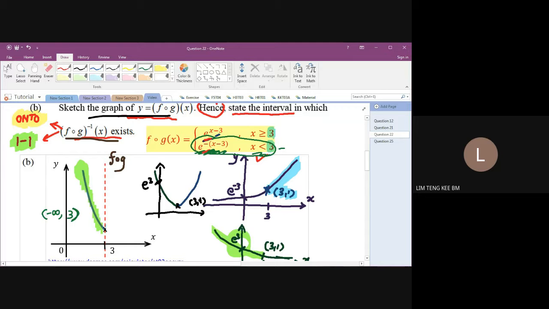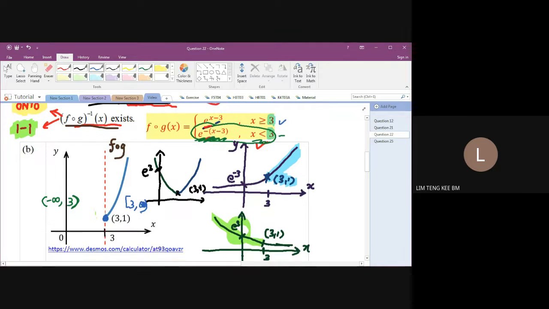The same idea applies if I only refer to the part in blue, which is this one here, and take note, it does include the point (3, 1). It is also one-to-one, and the inverse also exists.